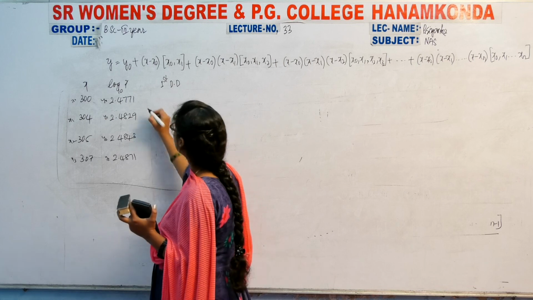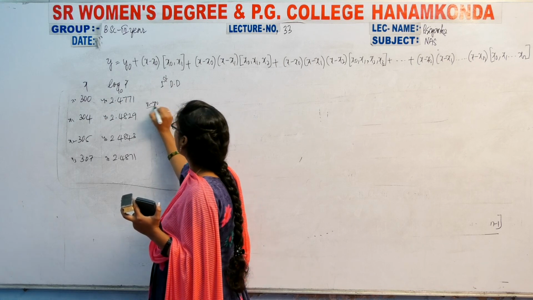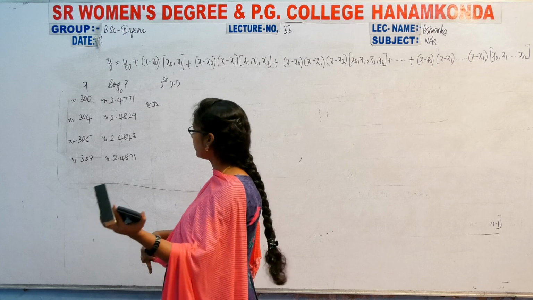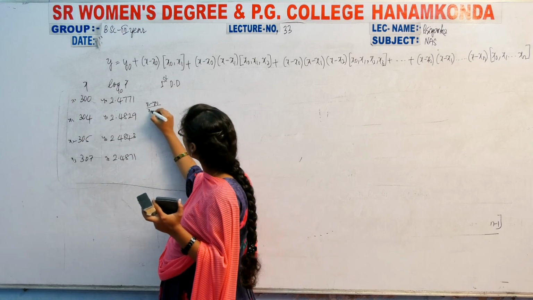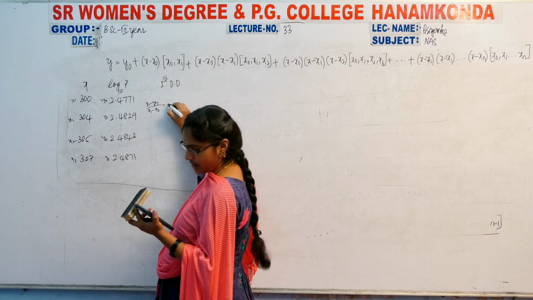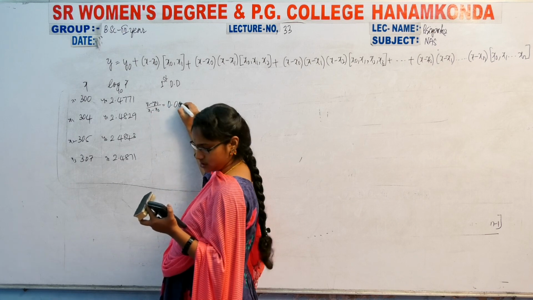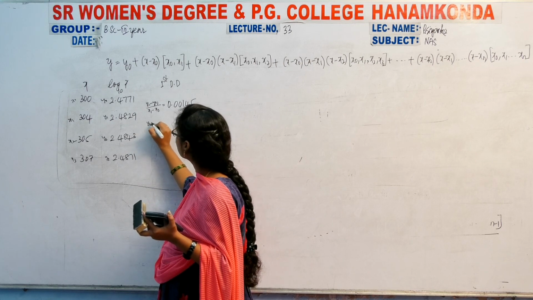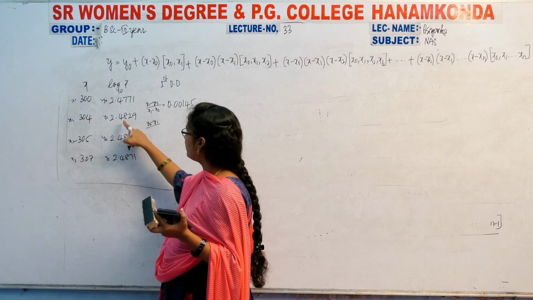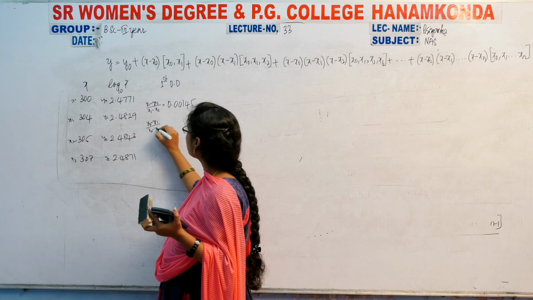Okay, and next, of course, here we have to take the middle one. I think it is better to take the values by taking more distance. Here we have 0.00145. Next one, y2 minus y1 by x2 minus x1.